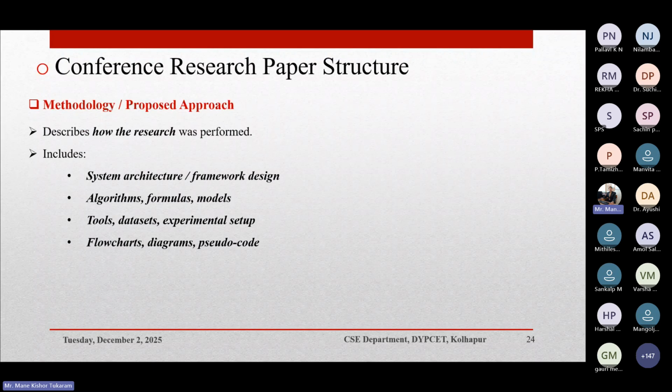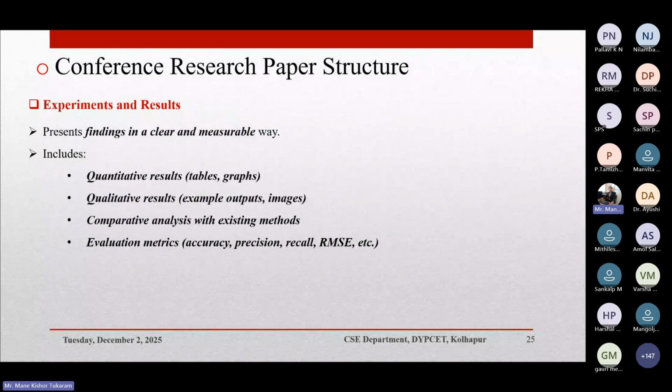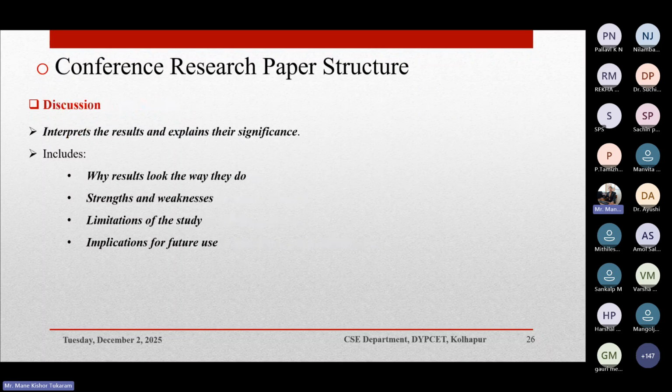After that, methodology, the proposed approach. Again, we can write the experimental setup and the results we got along with the parameters, and we can discuss those results. So whatever values we get, or if you compare the values with the base model, in that case we can write the findings related to our values.